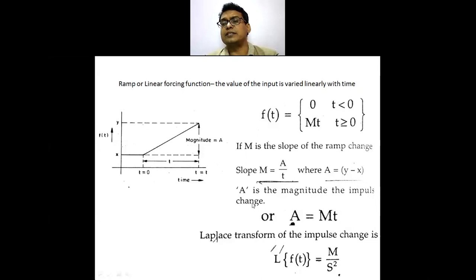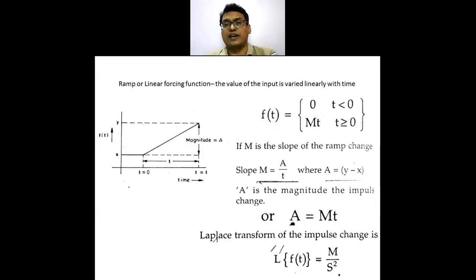So A is the magnitude of the input change, which is equal to m times t. M is equal to A upon t, so A is equal to the slope into the time. This slope into this time gives me the value of A, the magnitude. So the Laplace transform of this ramp change, Laplace of f(t), is equal to m upon s square.